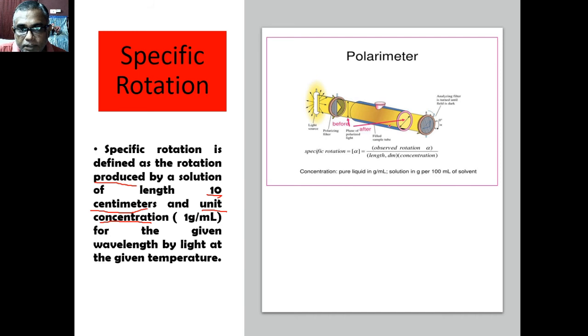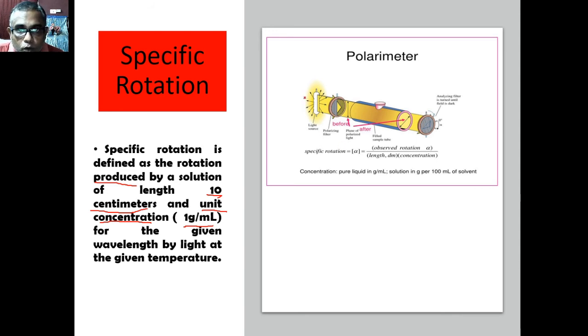The sample is placed inside a compartment called the sample compartment. If the compartment length is 10 centimeter and the concentration of the sample is 1 gram per ml, then what we are measuring is not optical activity, but specific rotation.